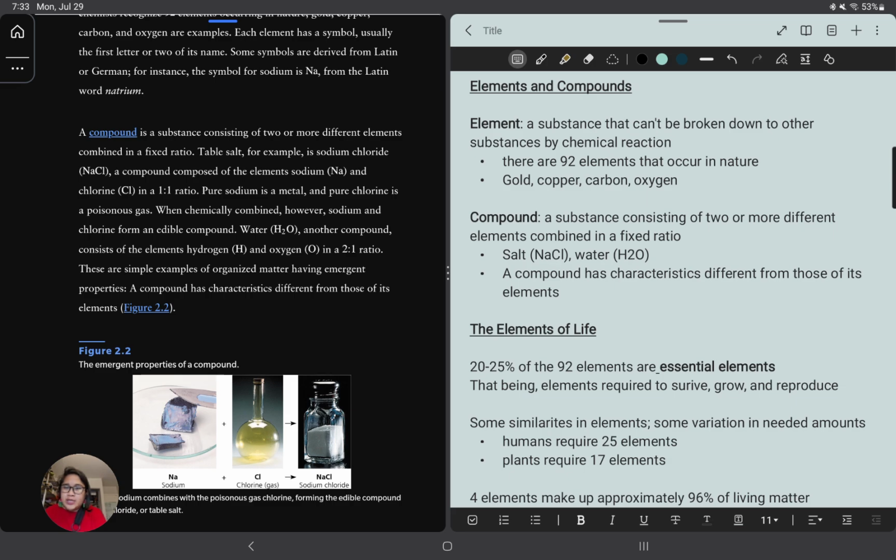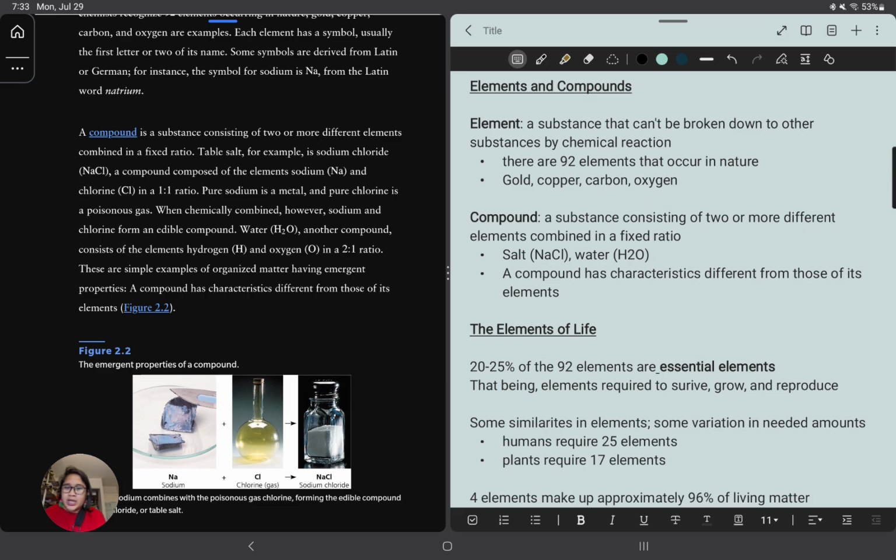A compound is a substance consisting of two or more different elements combined in a fixed ratio. Table salt, for example, is sodium chloride, NaCl. A compound composed of the elements sodium and chlorine in a 1-to-1 ratio. Pure sodium is a metal, and pure chlorine is a poisonous gas.